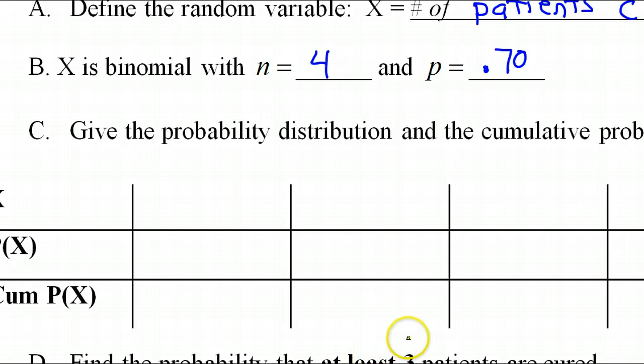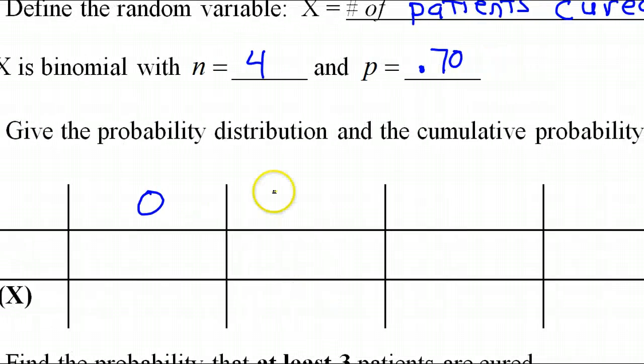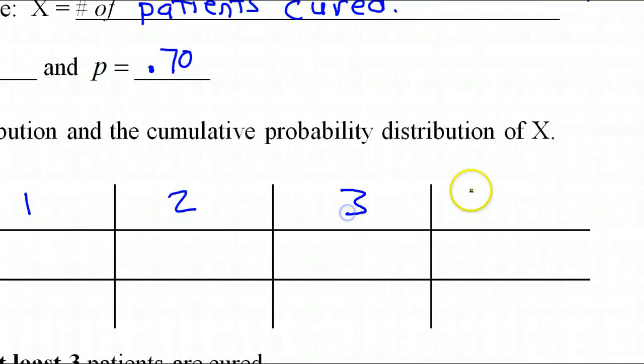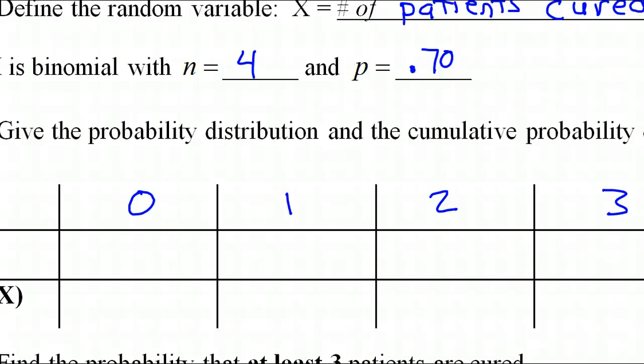Well, in terms of the number of patients cured, we could have 0 patients cured, everyone could stay sick, or we could have 1 cure, 2 cures, 3 cures, or if it were great news, then all 4 patients could be cured. So 0 to 4.